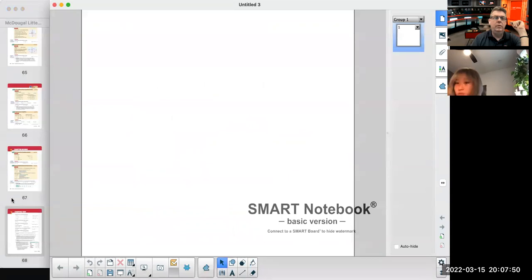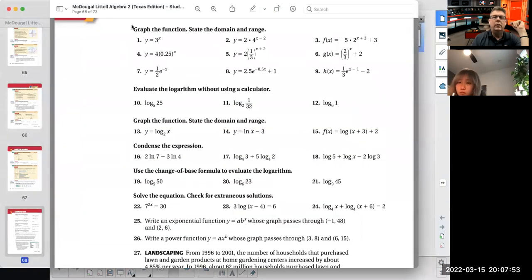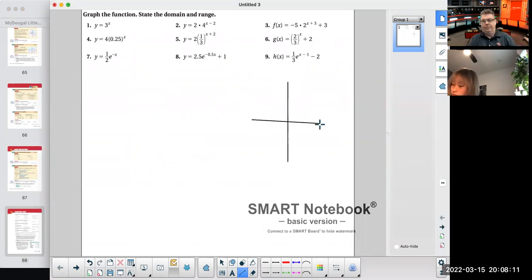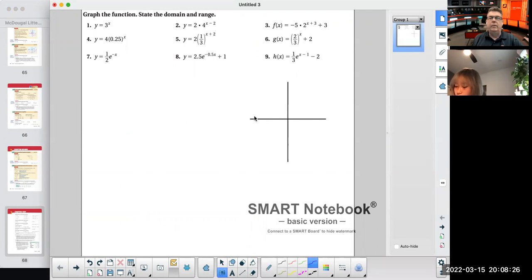All right, so the basic form of any exponential graph is this.